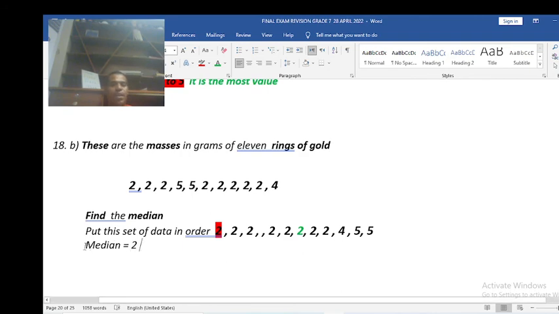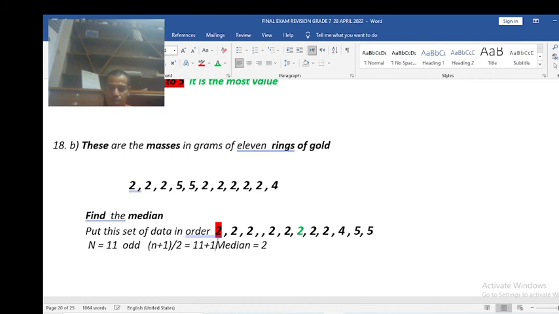Okay, let's explain more. n is equal to 11. Then 11 is odd, so we add 1, it will be n plus 1. I put n plus 1 in parentheses, then I should divide this by 2, which is equal to 11 plus 1 is 12, 12 divided by 2 is 6.